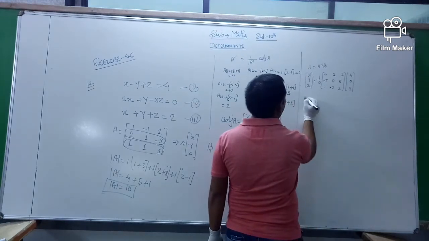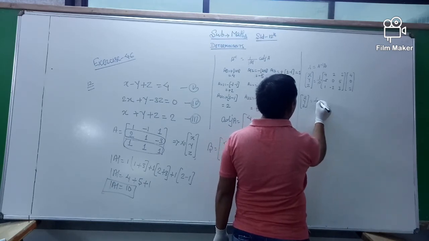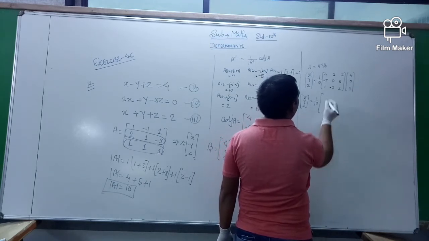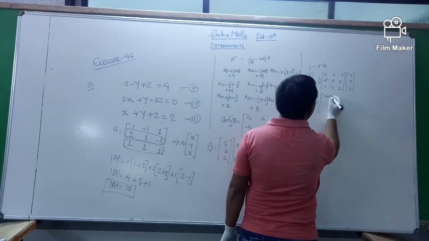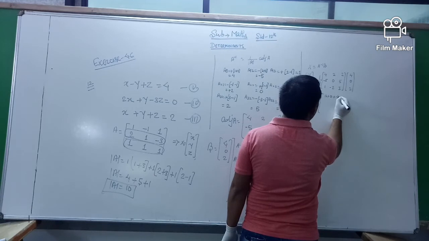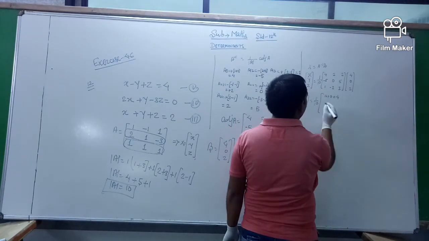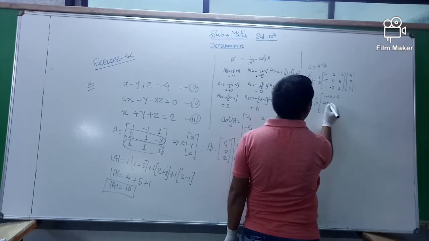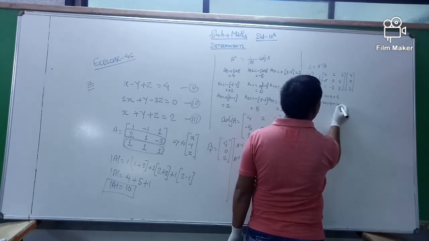Then here x, y, z is equal to 1 by 10, then 4 4s are 16 plus 2 zeros are 0 plus 2 2s are 4. Then second row 5 4s are minus 20 plus 0 zeros are 0 and 5 2s are 10.